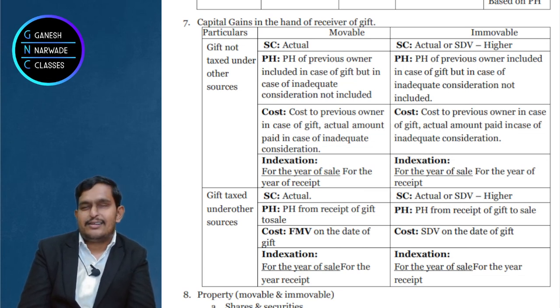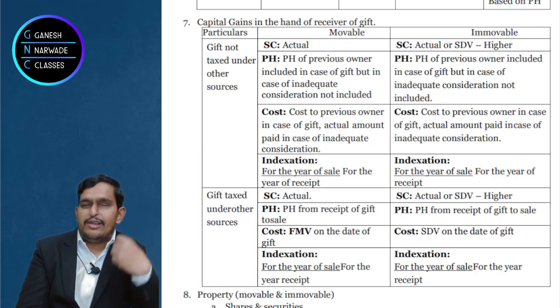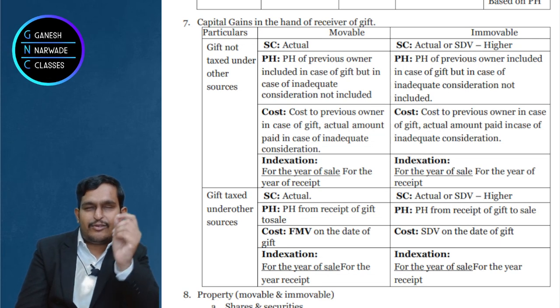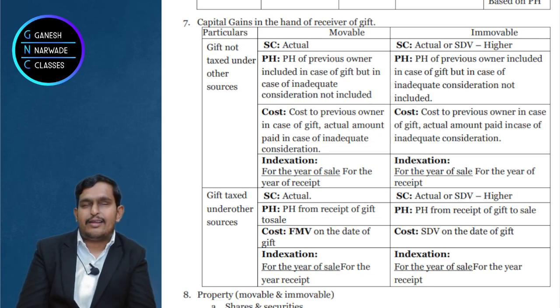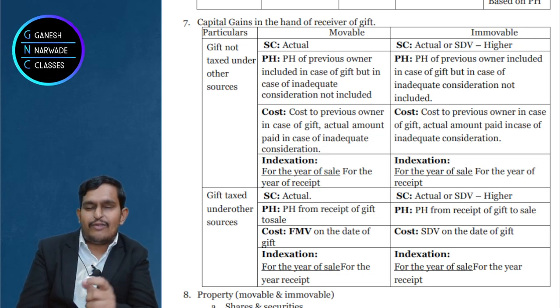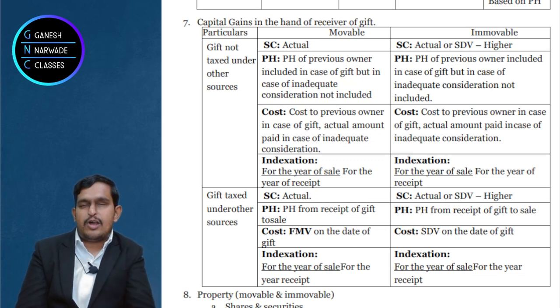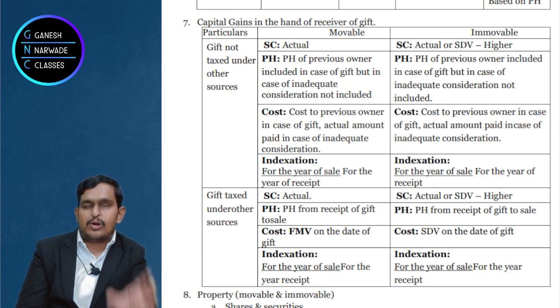Cost. Now what should be the cost taken? You got it for free, right? So cost should be 0. But no, here the cost will be the cost to the previous owner under section 49 subsection 1. Because you paid 0 money and took 100% as gift, the cost will be the cost to the previous owner.